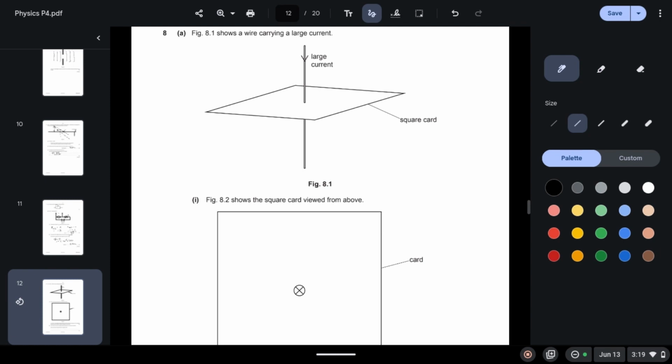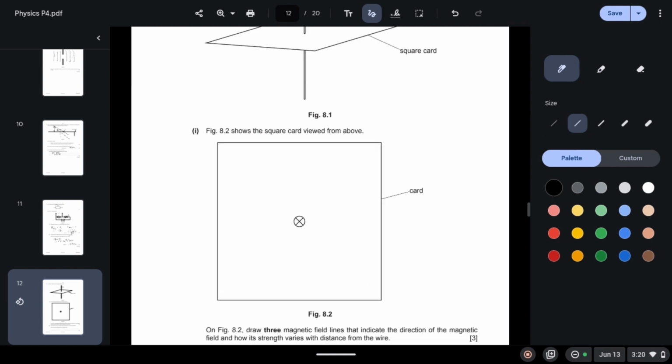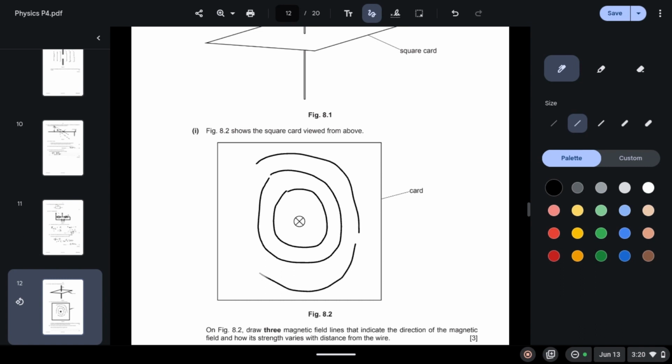So take your right hand and point your thumb downwards towards the page, and you will see that the rest of your four fingers will be in a clockwise direction around. Clockwise direction.